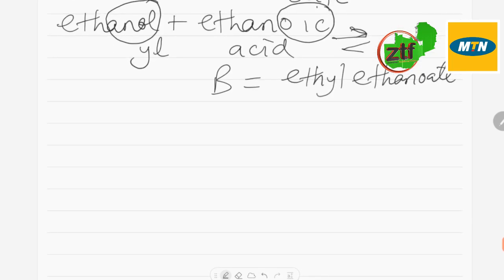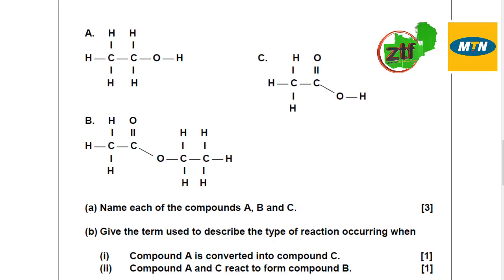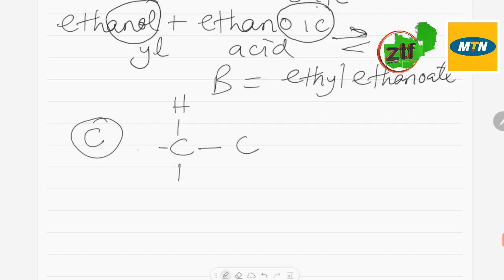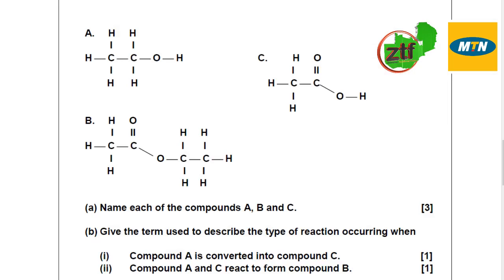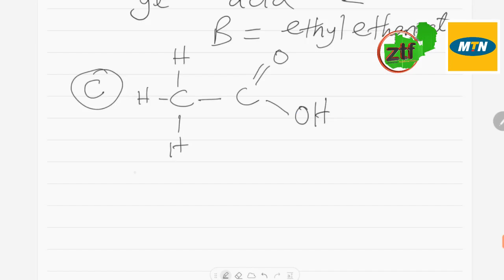Let's look at compound C. Remember also, there are 2 carbon atoms. If there are 2 carbon atoms, this becomes an ETH.